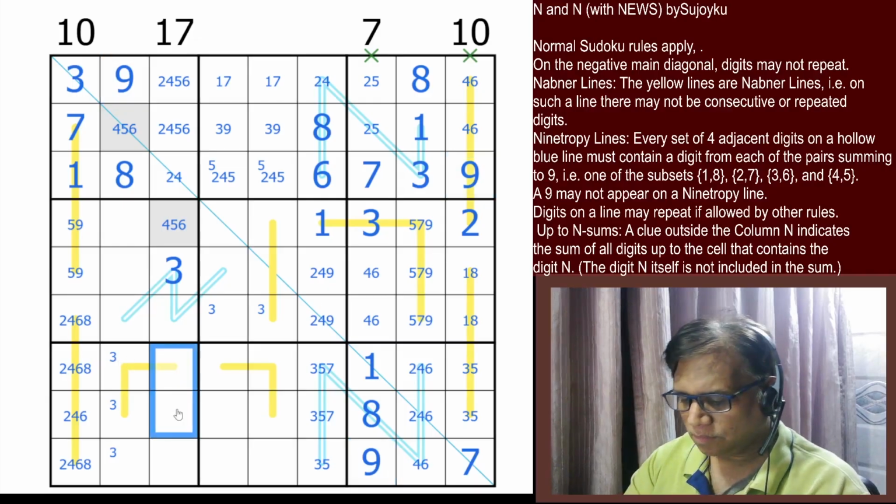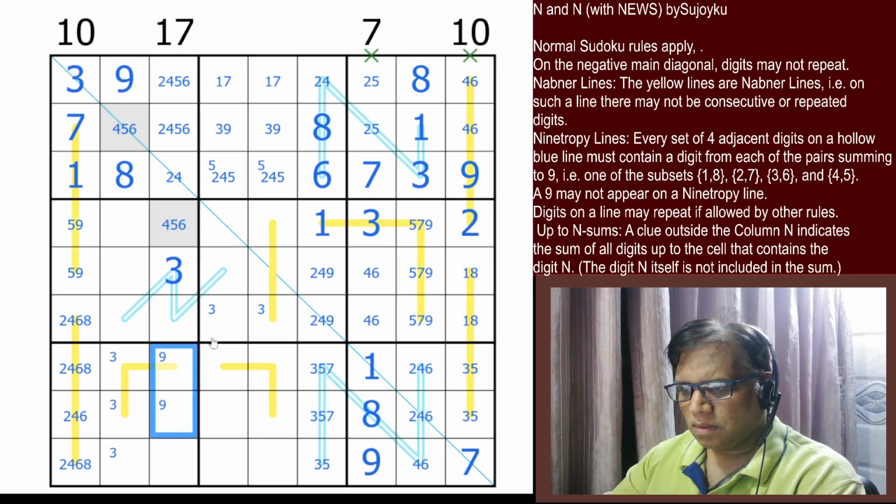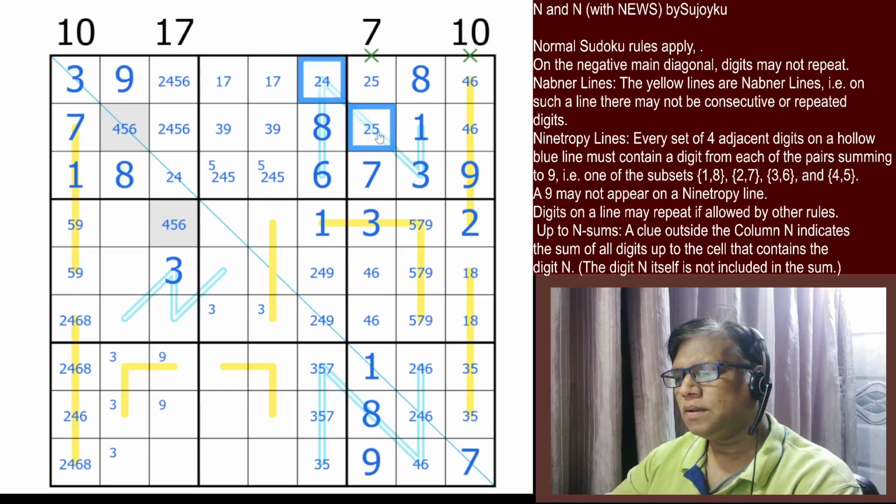Nine is one of these, right? 9 is not here. 9 is here. And 9 is one of these. Oh, something is going on here. Oh, both these cannot be.